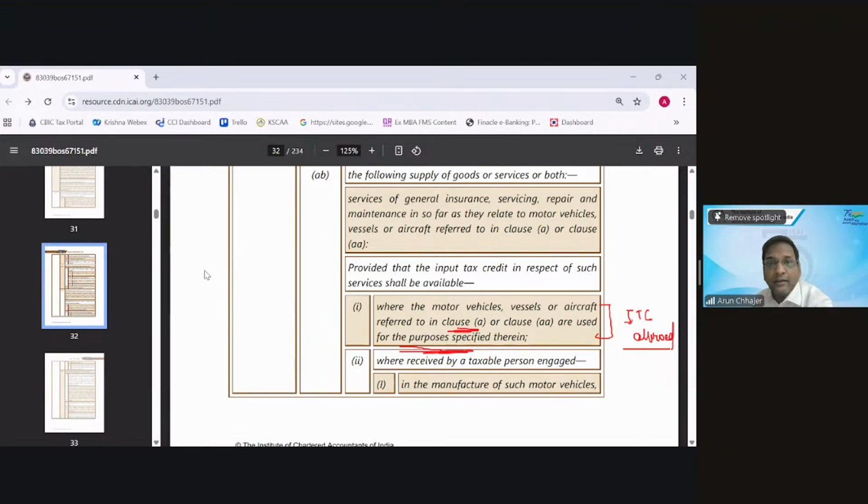The answer is not covered. And therefore, do I need to use that motor vehicle for the purpose specified therein to take the ITC?